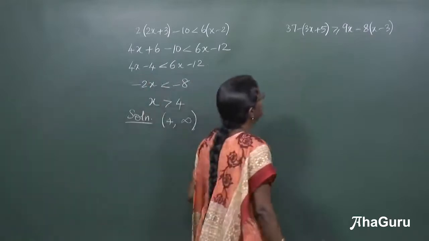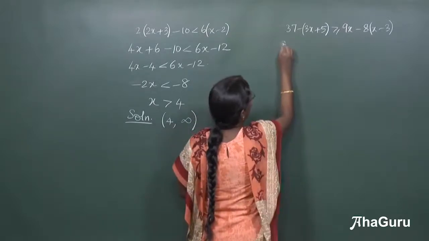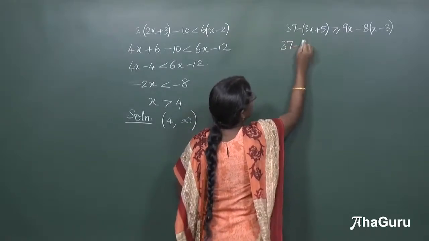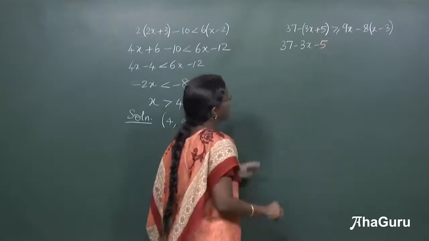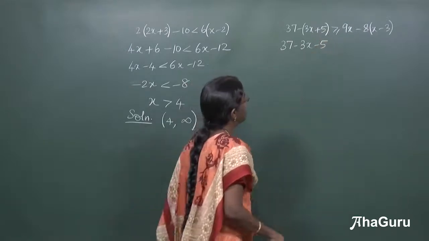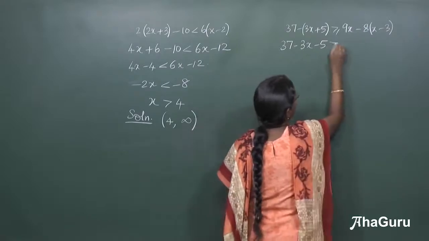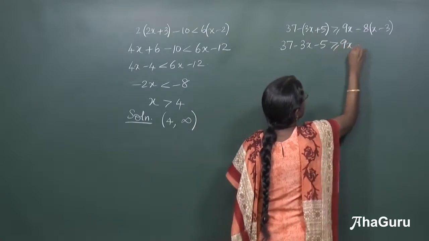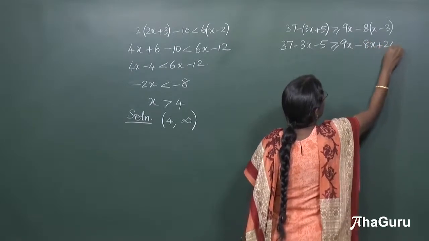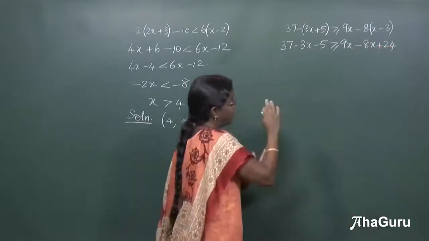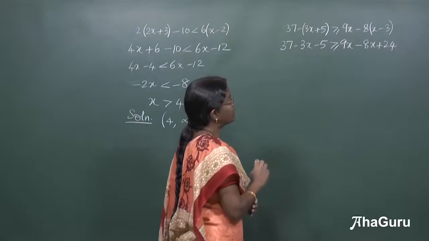We will see how to solve this. Open the bracket carefully, these positive and negative signs, be careful about them. So, it is a 37 minus 3x minus 5 will be greater than or equal to 9x, it will be minus 8x and a plus 24. It is 8 minus 8 into x minus 3.